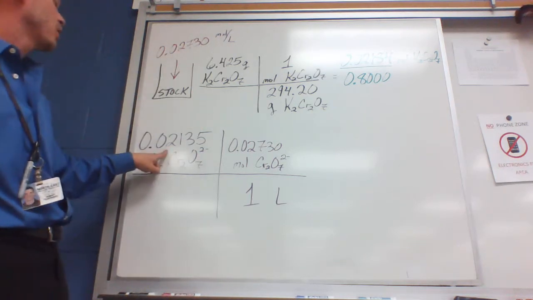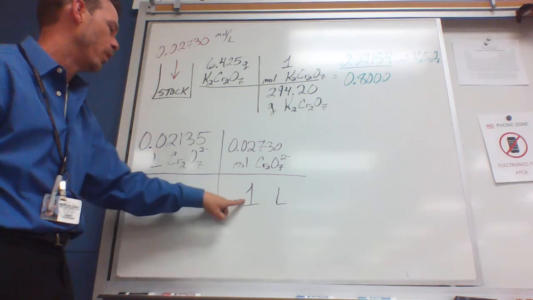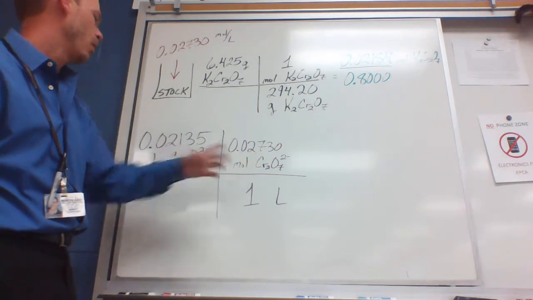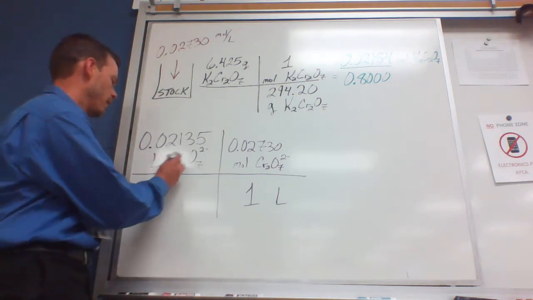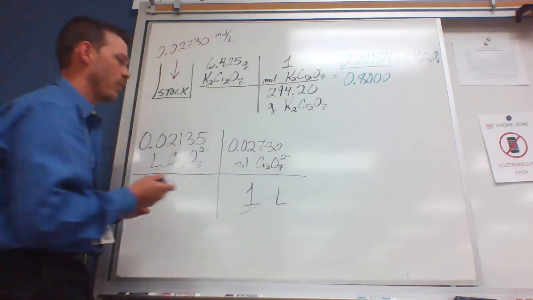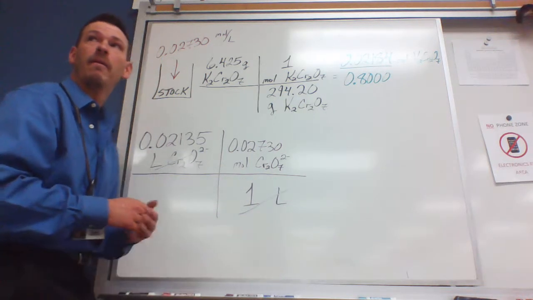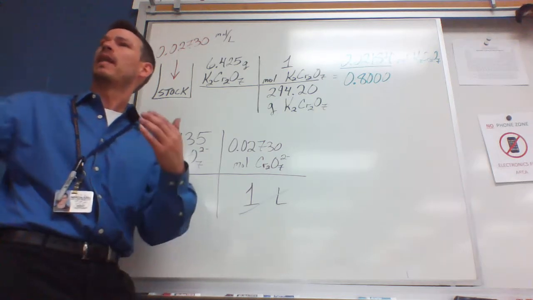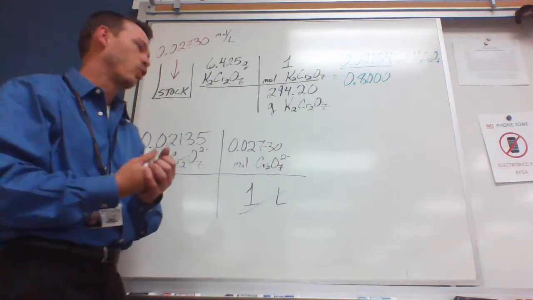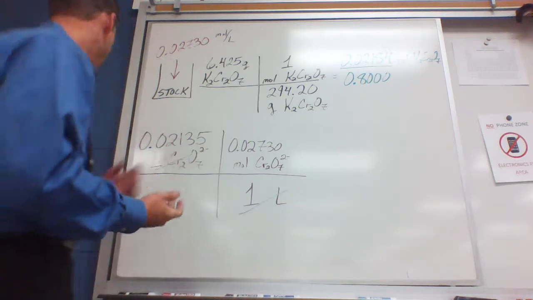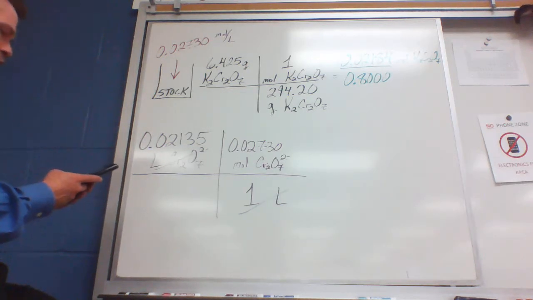So if we have a certain amount of liters, then we can make the assumption that if we were to have 1 whole liter, it would equal that amount, which of course is going to make the units do what we want them to do, because liters will cancel out and we'll be left with an exact amount of moles. Wait, what? Liters? That's the basis of dimensional analysis. If something's on top and on bottom, they cancel out. That's why the grids work in the first place. So by running this, we will get our starting moles of our dichromate.